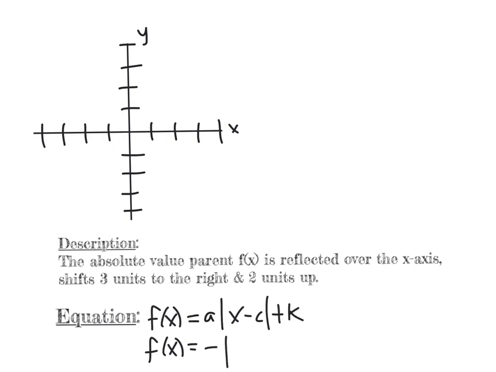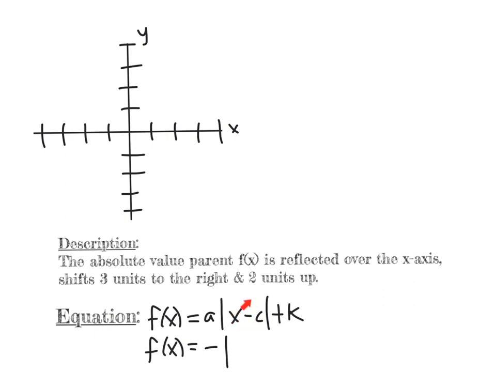I'm making it a -1 because it is being reflected over the x-axis, meaning the graph is going to flip downward. So this has to be a negative number. Technically it's a -1. I'm not going to put the 1 because -1 is just negative, right? It's the same thing.